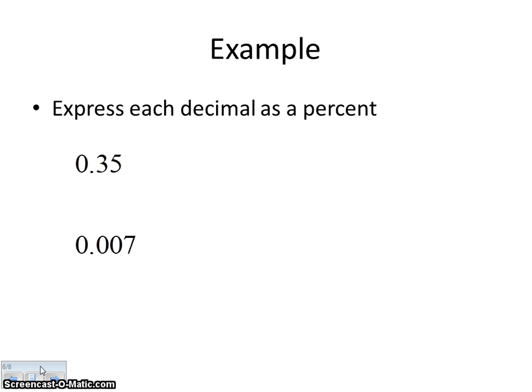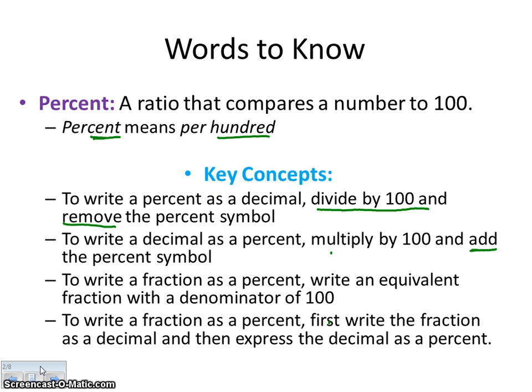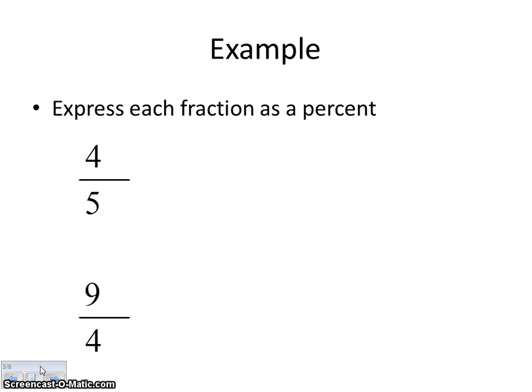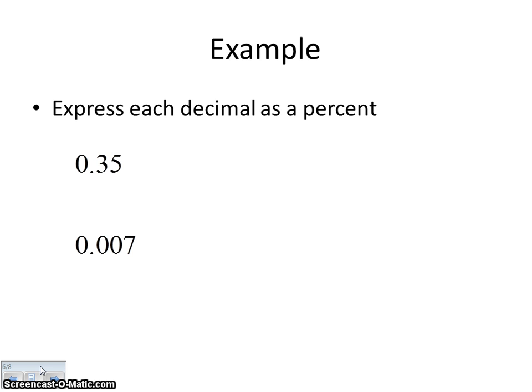Okay, now we've got expressing each decimal as a percent. So we're going to make these two examples as percents. So we're going to go back to our first slide. And to write a decimal as a percent, we're going to multiply by 100 and add the percent symbol. All right, so let's take it back. All right, so I've got 0.35.